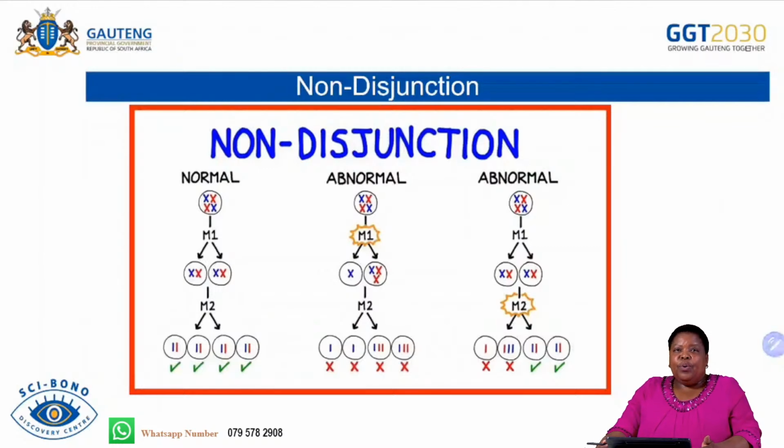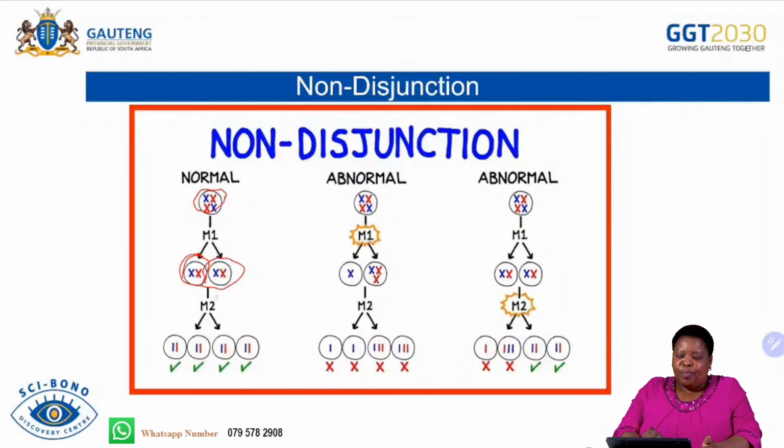Right? Now, I'm going to explain what is non-disjunction. Non-disjunction can cause normal meiosis or abnormal meiosis. Take for an example this cell. Remember we have defined meiosis, whereby a diploid cell is going to divide into 2 haploid cells. In this case, meiosis is normal because the haploid cells have half the number of the original cell.